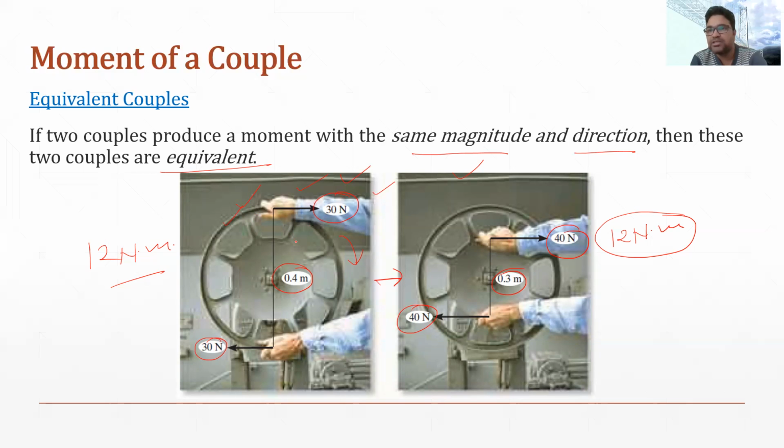But after the use of power steering in cars, we now have a small diameter of steering, and because of power transmission, we can apply less force and at the same time have the same couple. We apply the same torque to rotate the vehicle. That became possible after the invention of power steering. So that is the classic example of the equivalent couple system.